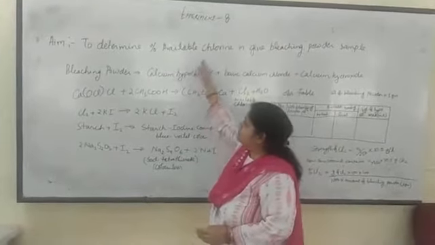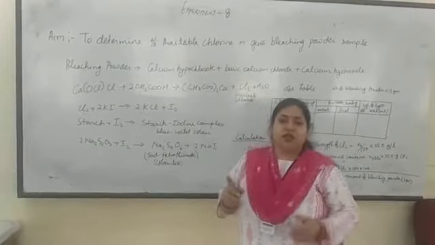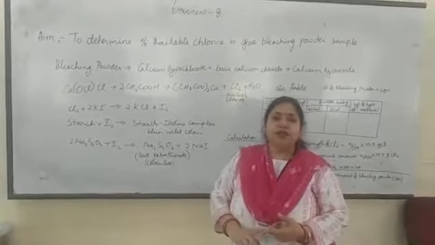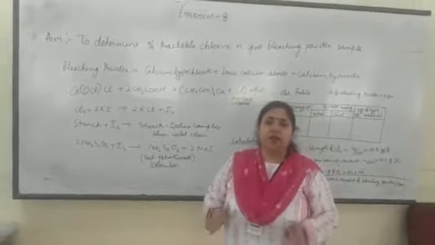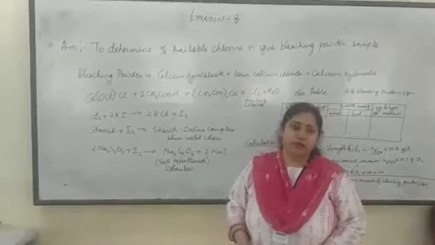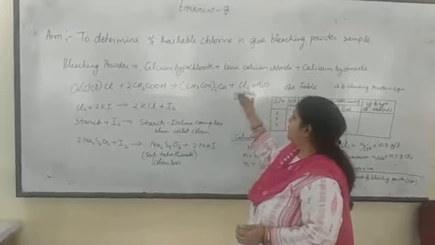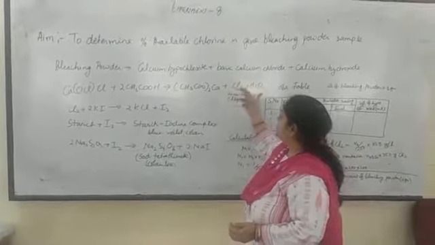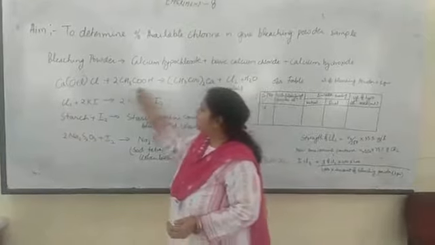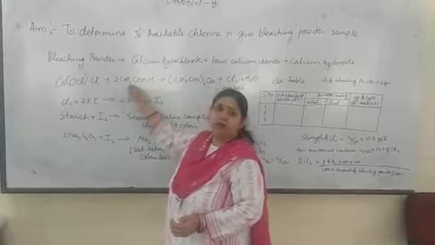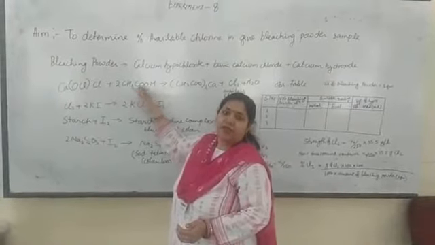So it is used to kill the bacteria present in the water. Now in this experiment there are two questions. The first one is what is the available chlorine and what is the need to calculate the available chlorine. Available chlorine is the chlorine which is liberated after the reaction of bleaching powder with mild, weak acids.